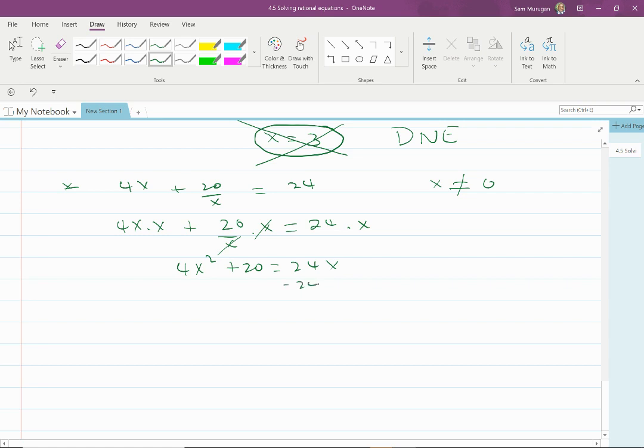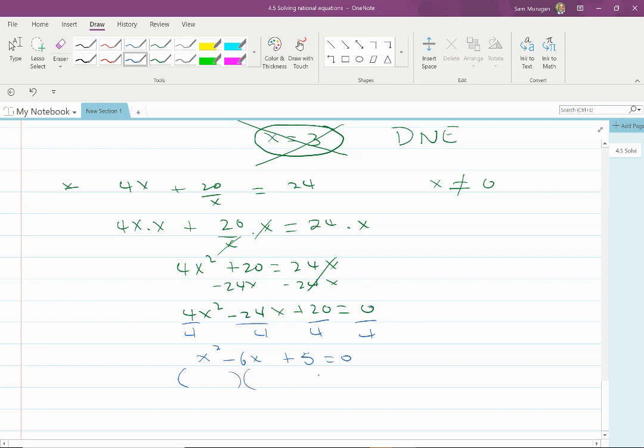So take away 24x from both sides, which gives us 4x squared minus 24x plus 20 equal to 0. And at this point, you want to go ahead and divide everything by 4 to solve this equation. This gives x squared minus 6x plus 5 is equal to 0.